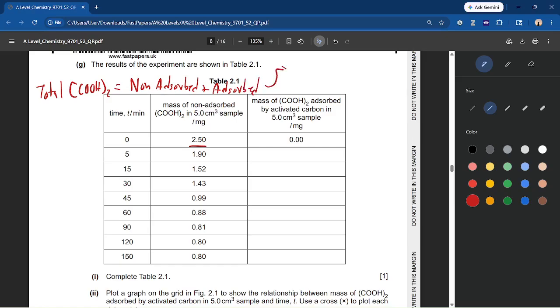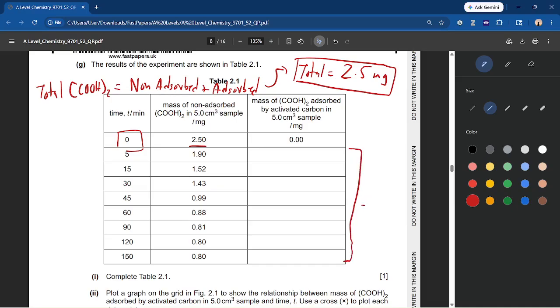Using this formula, at 0 minutes, the total is equal to 2.5 milligrams. So every figure in this table should equal 2.5 milligrams. This goes from being a rather difficult looking question to just very simple addition and subtraction. But remember to keep the decimal places the same.